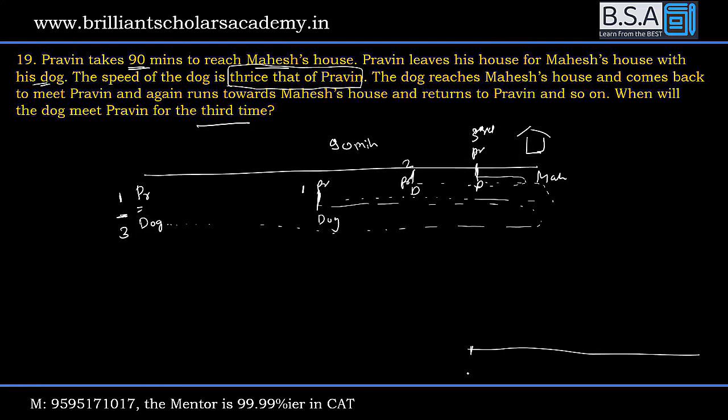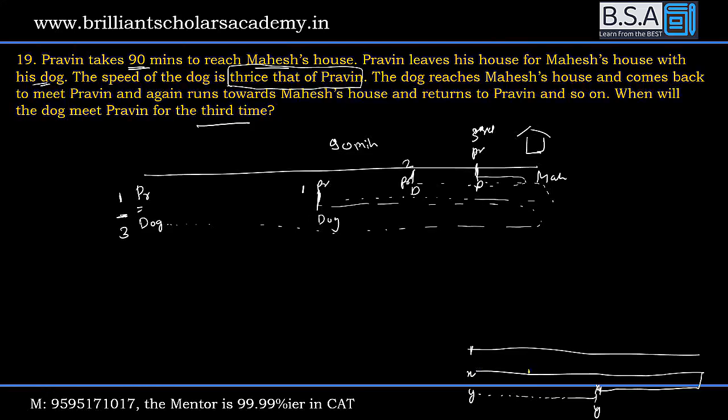Let us say there is a person X, there is a person Y. X is the faster one. X तेज भागता है. X will go forward, will come back and meet the slower one. Y को meet करेगा. So do you see when I count these lines, कितने lines बन गए?